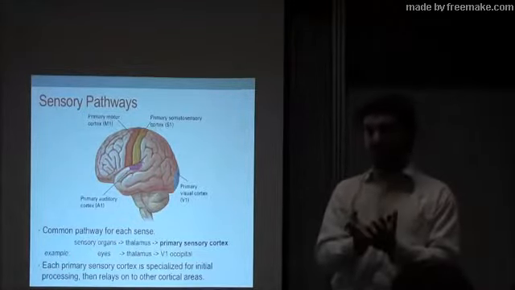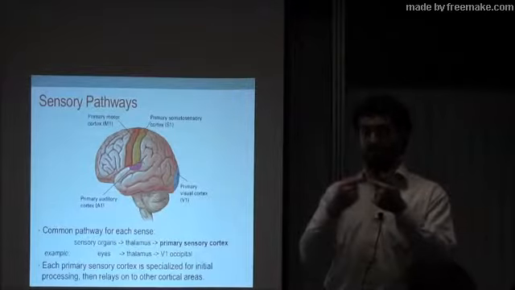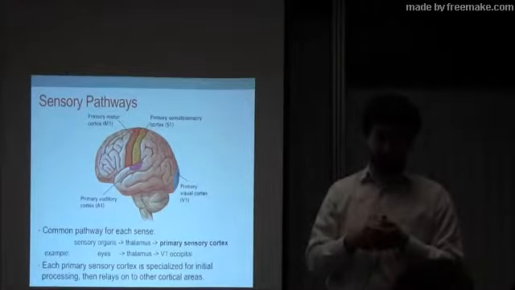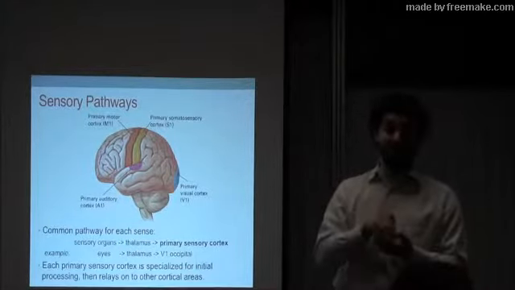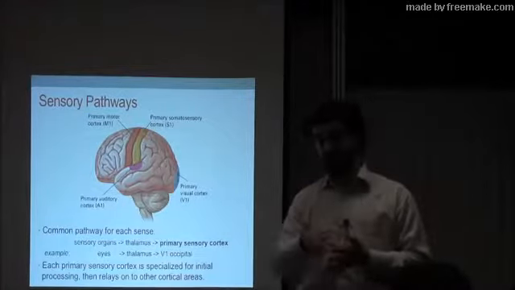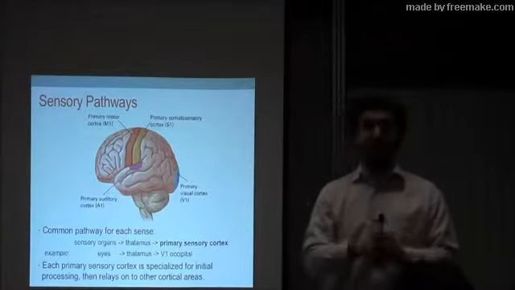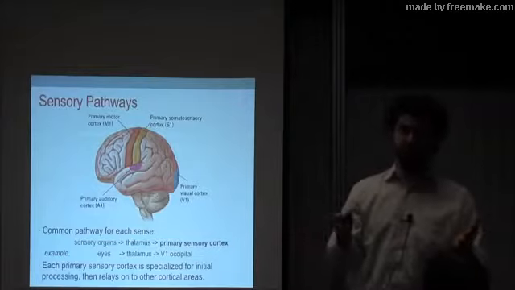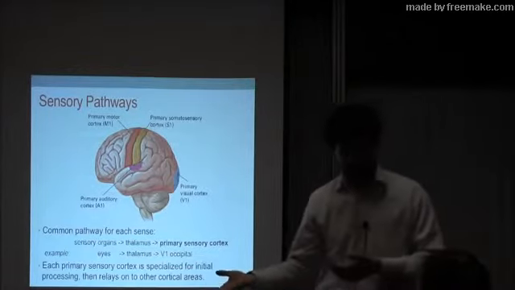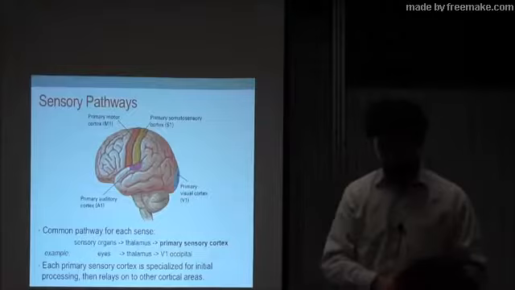Then processing takes place, a decision is made and returned via the motor cortex. So the motor cortex is the beginning of the signal for the motor pathway. And then goes down via internal capsule, pyramidal, extrapyramidal systems, brainstem, spinal cord, and then to the muscle or to the organ. Okay?